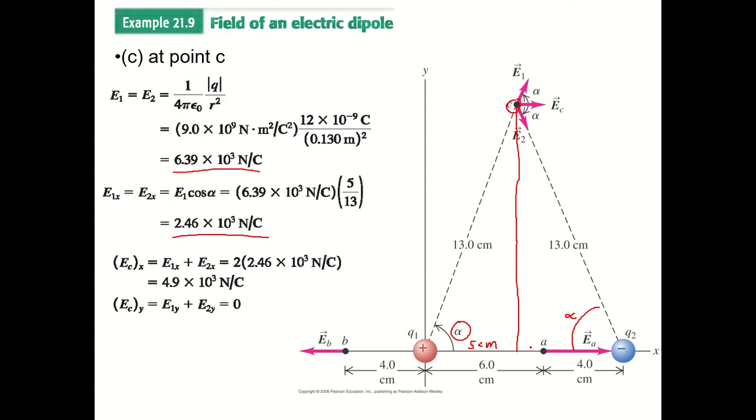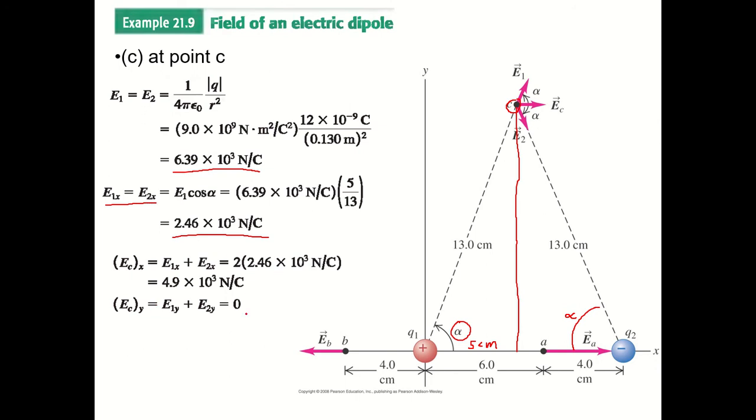So whatever the value of the horizontal component of the electric field caused by this is just the same as this one. Therefore, you just take this and multiply it by 2, because E sub 1x and E sub 2x are equal. You just multiply either of them and you get the result.